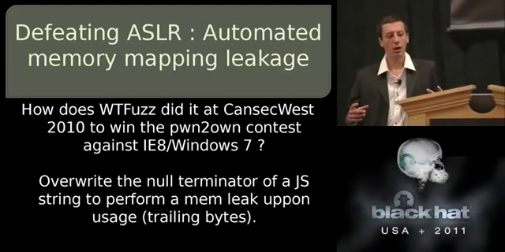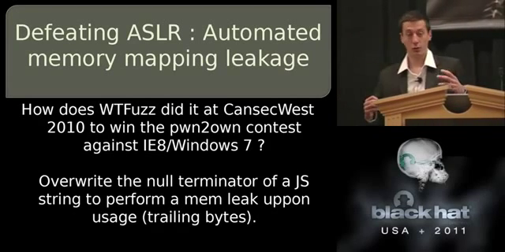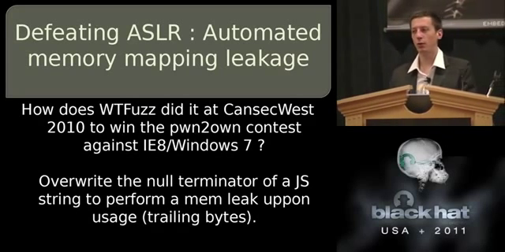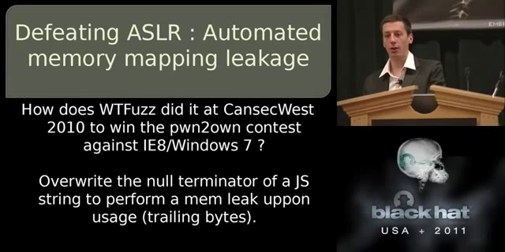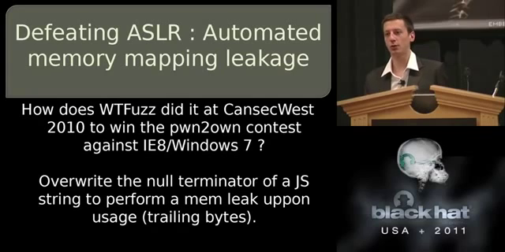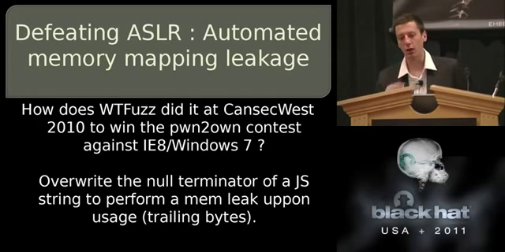How does it work? Basically, you have strings in JavaScript, they are null terminated, and if your overflow overwrites the null at the end of the string, when manipulating the string later on in JavaScript, you will be able to read more than the normal size of the string because you removed the null terminator.